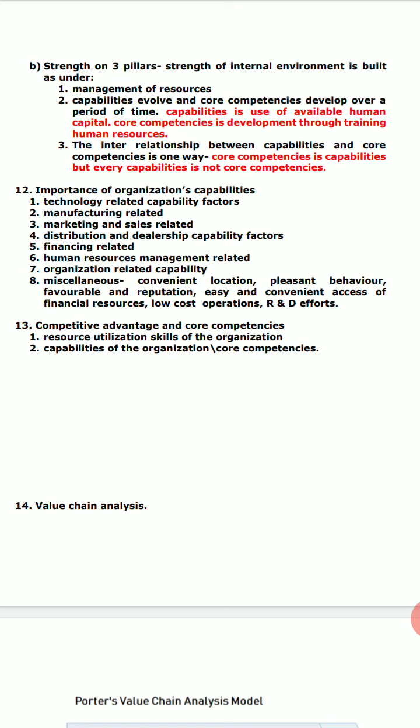So here we are ending this session, and we have ended with the importance of organizational capabilities. In this session, what we have done is we have checked out Porter's five forces, right, which helps us decide that these five forces are to be considered for the firm to see whether it is attractive or not from the external point of view, right?